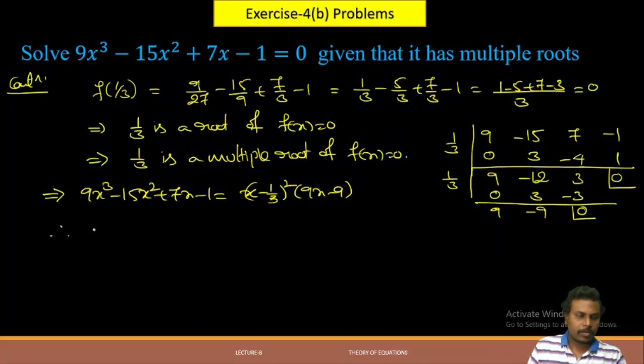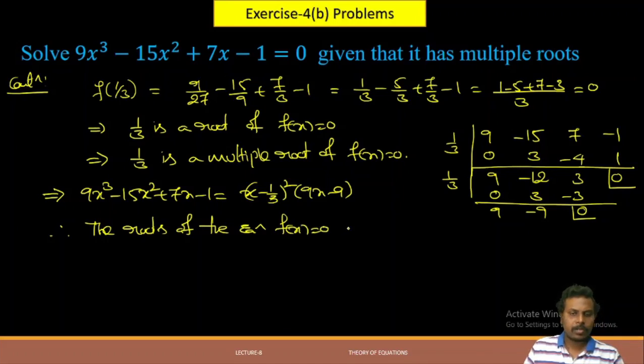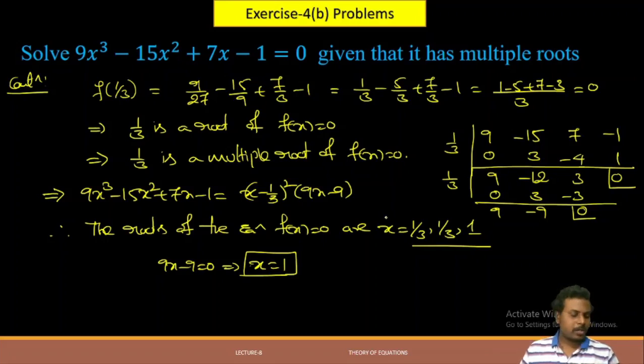So therefore the roots of the given equation f of x is equal to 0 are x is equal to 1 by 3, 1 by 3, 1, because 9x minus 9 is equal to 0 implies x is equal to 1. Okay, so these are the roots of the given equation. Hope you have understood the solution to this problem.